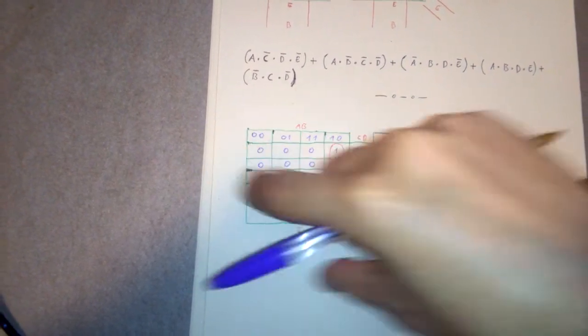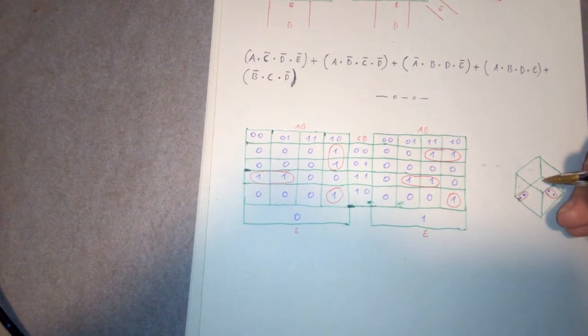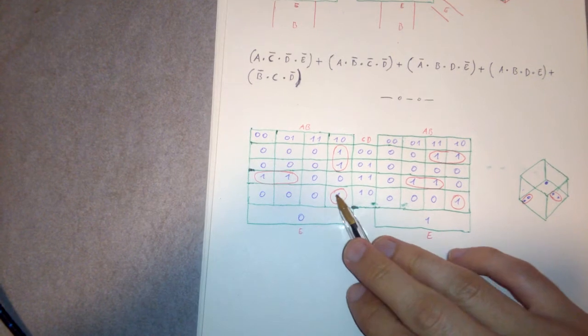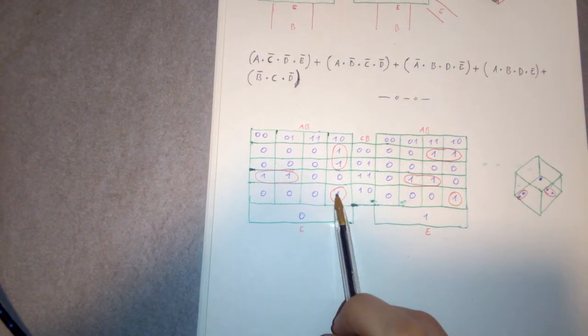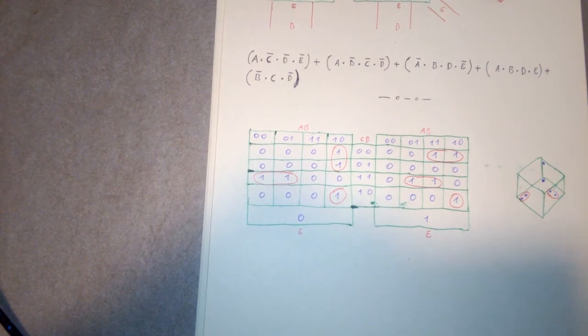And we have like this, so a group of 1 here. A group of 2 here, connected from here to here, so top and bottom, like so.